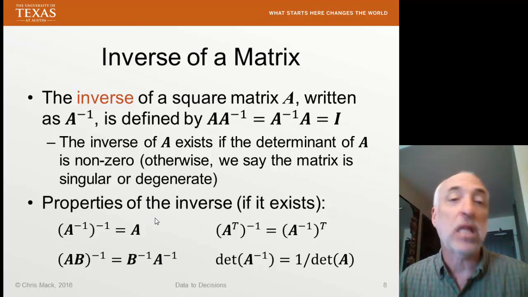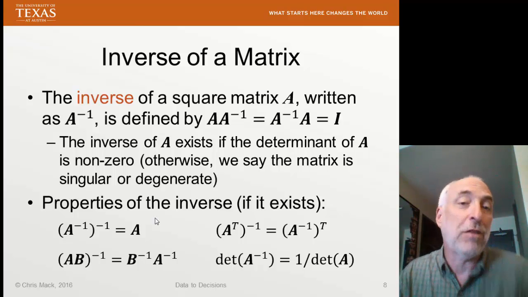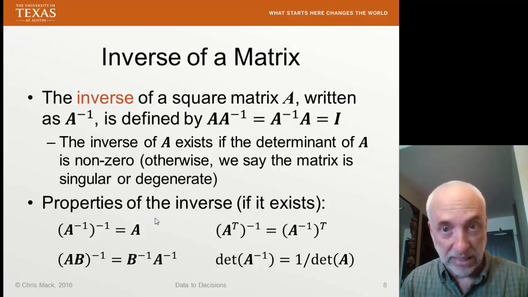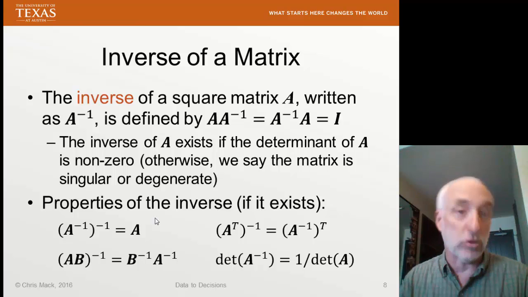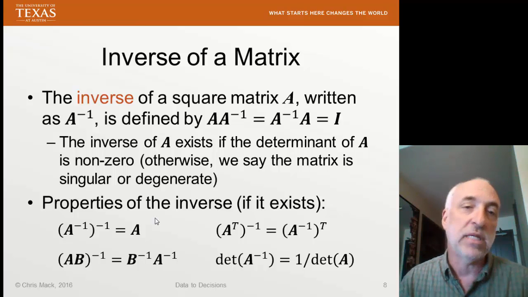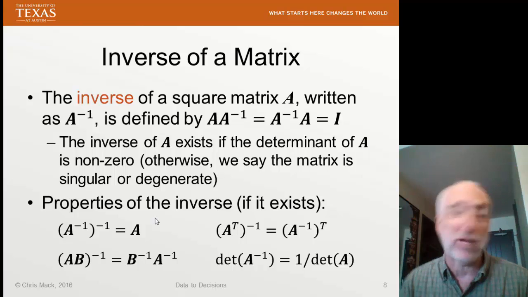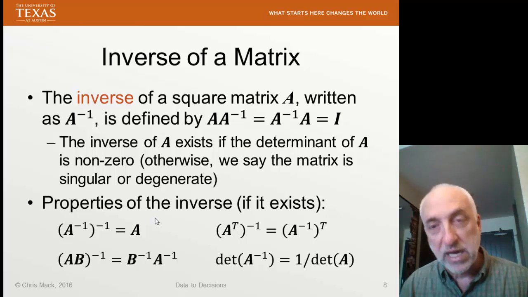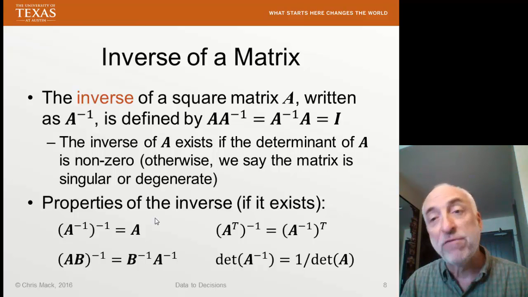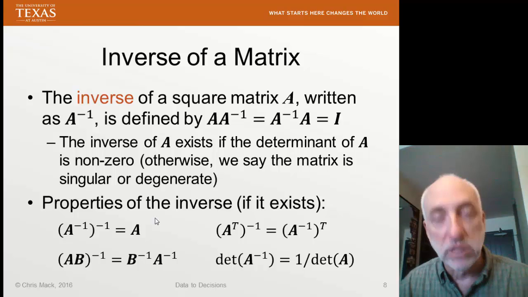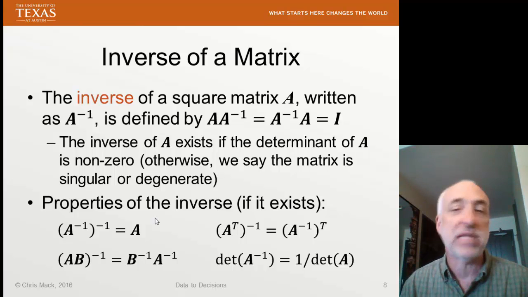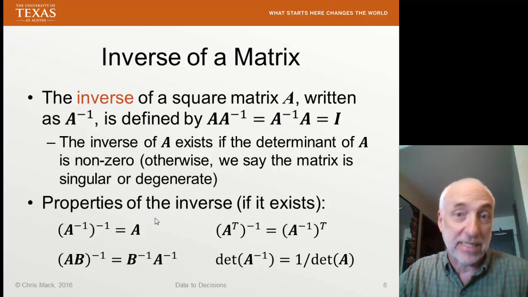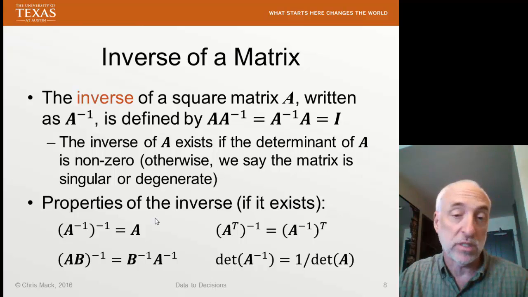If the determinant is non-zero but close to 0, then we can have problems with the numerical stability of our inverse algorithm. So algorithms that calculate the inverse of a matrix can start to have round-off errors that mess up the stability of the answers that come out if the determinant is really, really small. And so we sometimes have to watch out for that. Technically, an inverse exists, but in reality, it's hard to find it when the determinant is quite small.